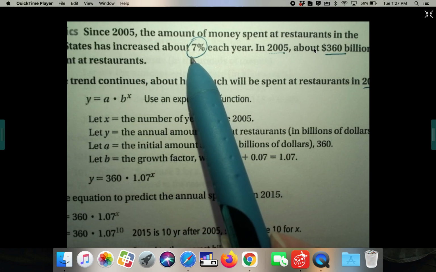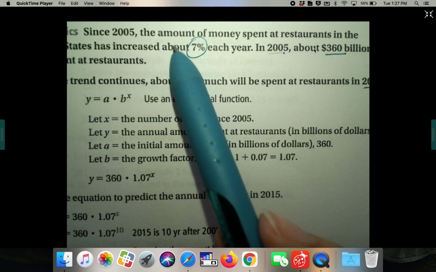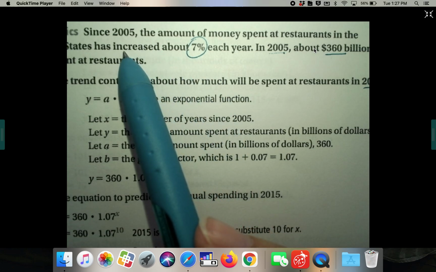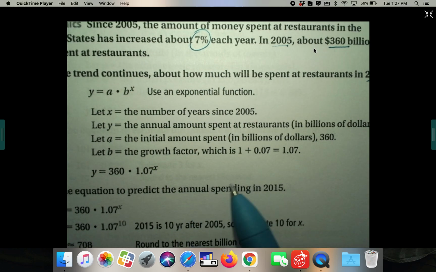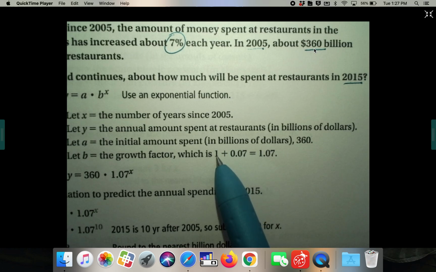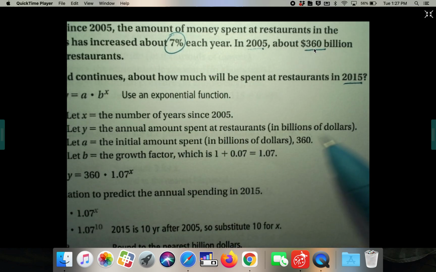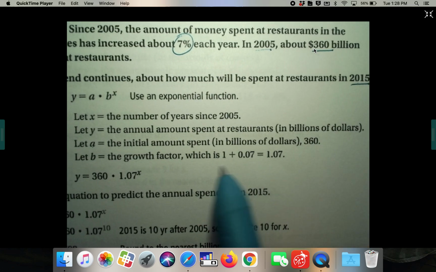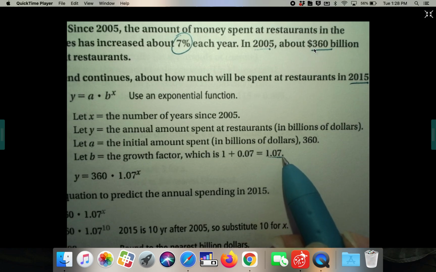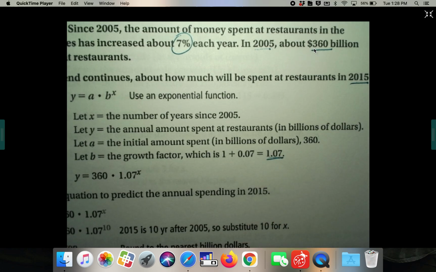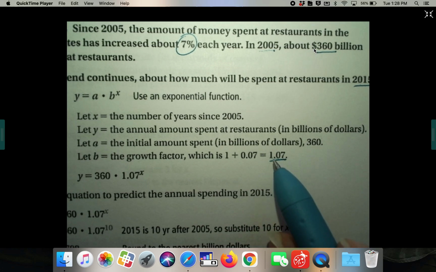So your number actually has to be larger than 100 because 100% is the same. We need it to increase even more than that. So what you do is you actually take the 1 representing 100% and you add the percent as a decimal, which was 0.07. And now our number that we're going to use for b is 1.07 because that's going to actually show growth because it's greater than 1.